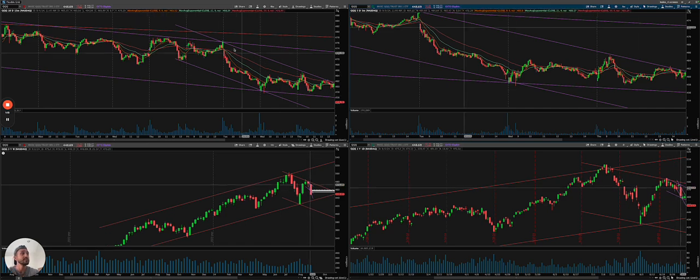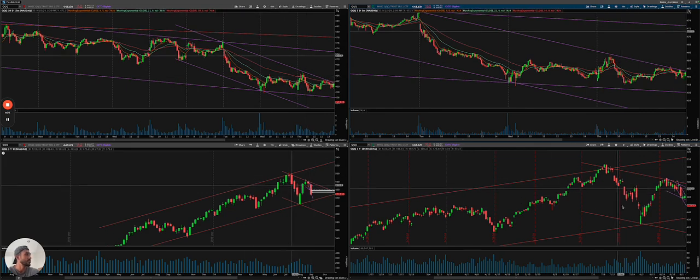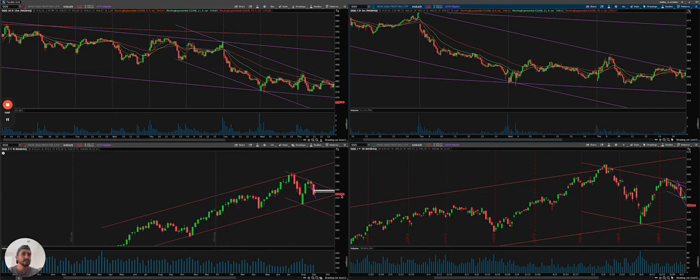On the top left corner, you can see the 15-minute chart. On the top right corner, you see the 5-minute chart. On the bottom right corner, you see the daily chart. On the bottom left corner, you see the weekly chart.